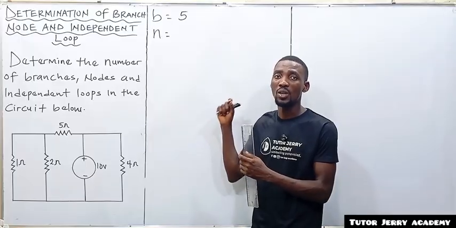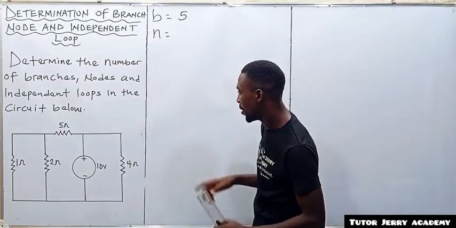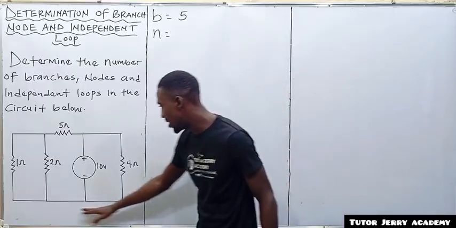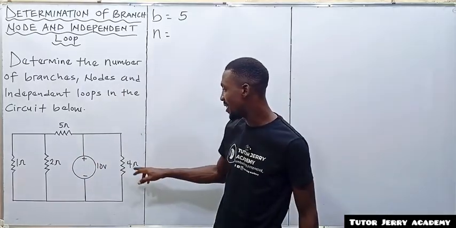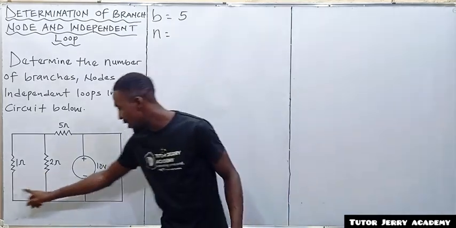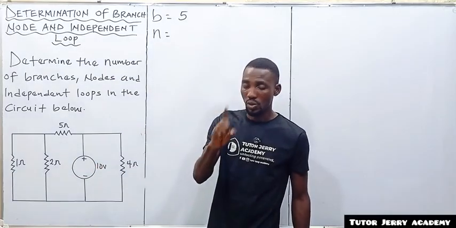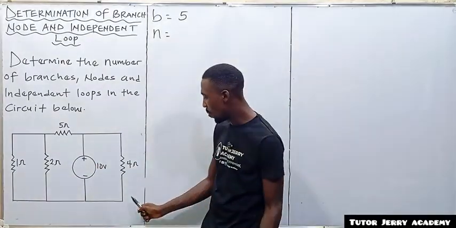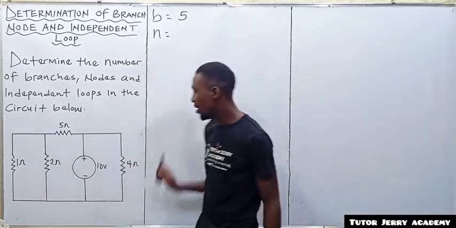As a single node. Now if you look at this, this is a single wire here that is connecting this and this, so we are going to treat this as just one node. This whole part here is one node.